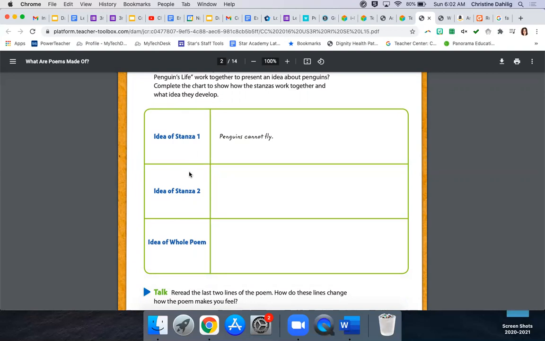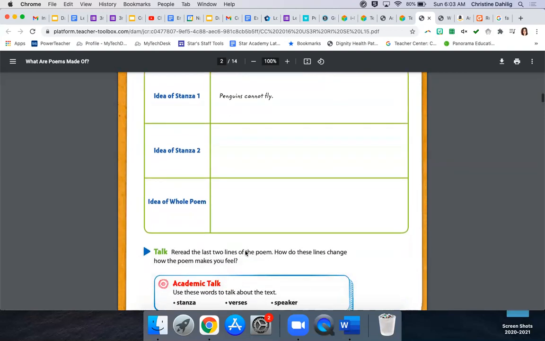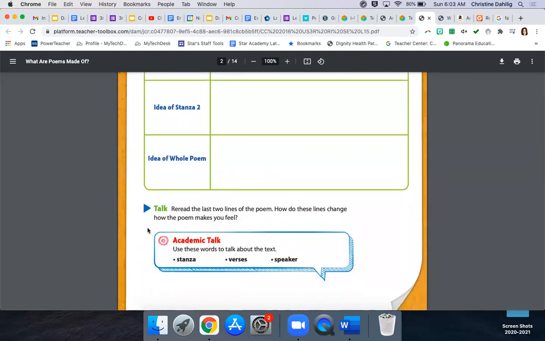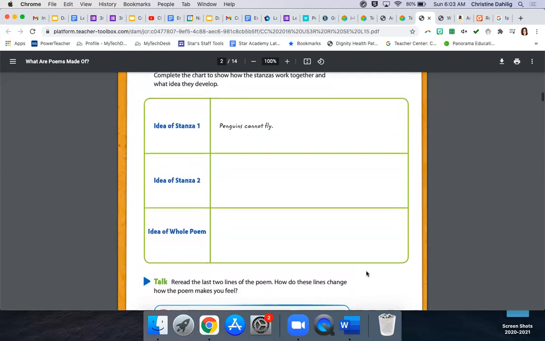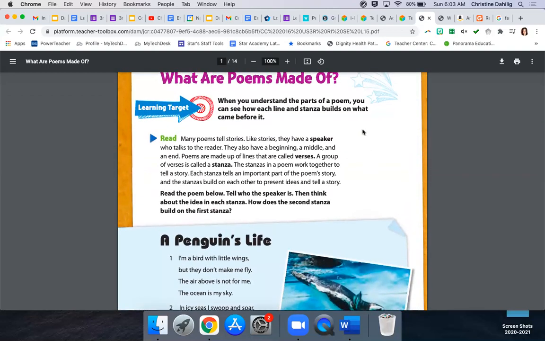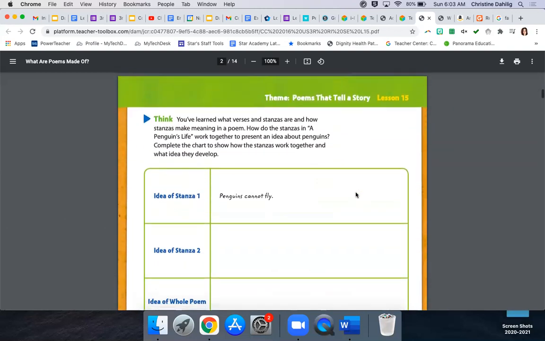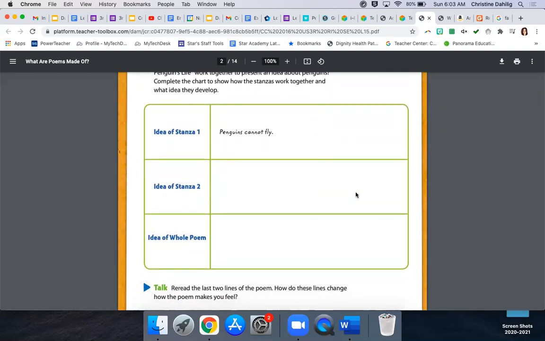So you are going to be filling out the idea of stanza 2 and the idea of the whole poem. All right? And again, these words, stanza, verses, and speaker, what we've talked about are again explained on page 241 here. And I'm going to pause the video so that we can complete this part of the organizer before we proceed.